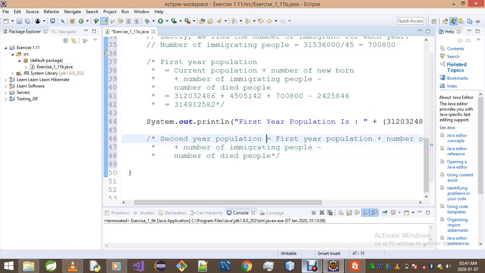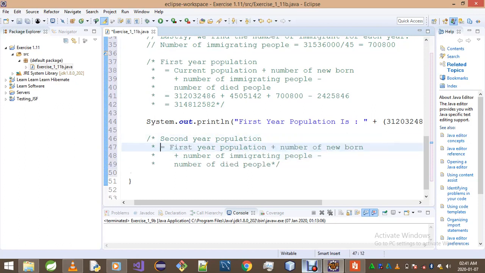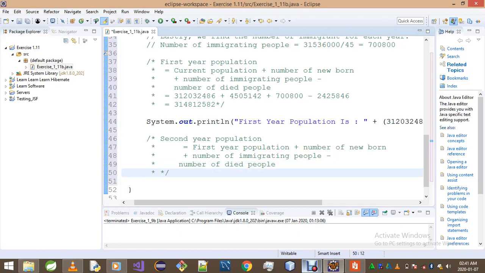It's gonna be first year population plus the number of newborns plus the number of immigrants, but minus the number of died people.